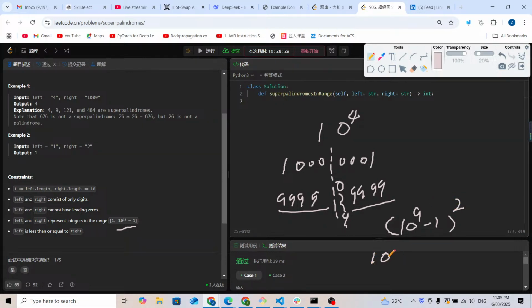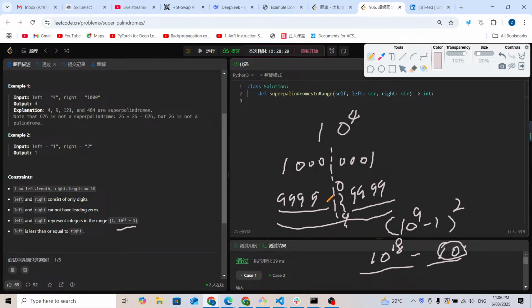Definitely it's going to be 10 to the power of 18 minus something more. But according to this case, definitely we checked all the possible numbers, because this is like 10 to the power of 18 minus something. Actually, this is all the possible numbers.